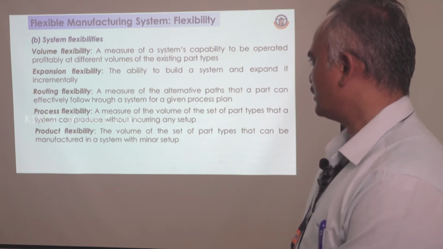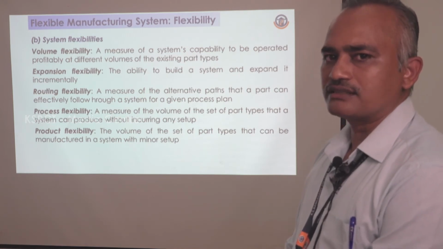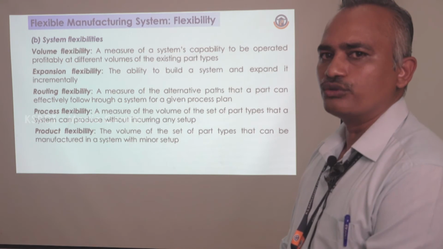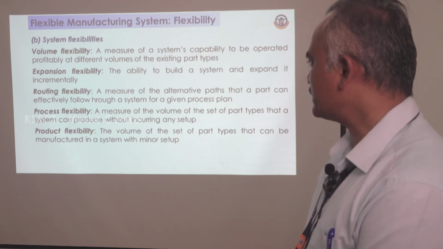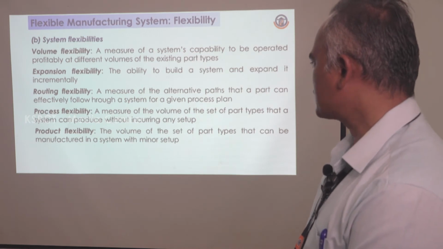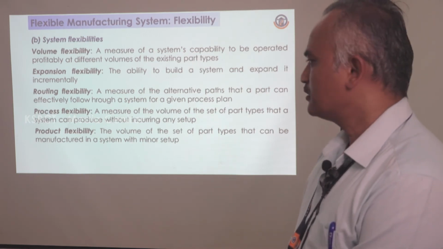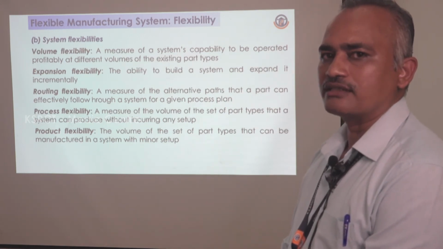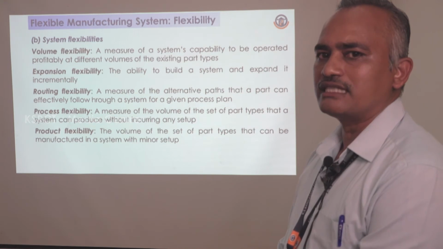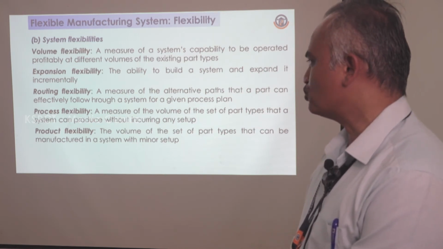And routing flexibility is a measure of alternative paths which are determined to ease the system flow. It is based on a process plan, where we initially define the part with different processes, so that the process plan will guide the route.